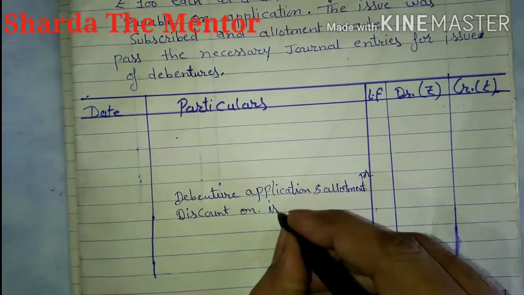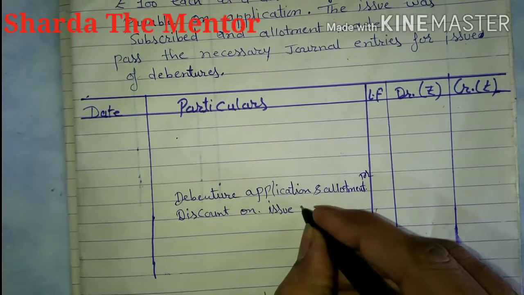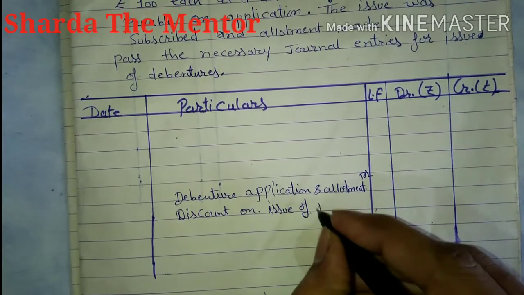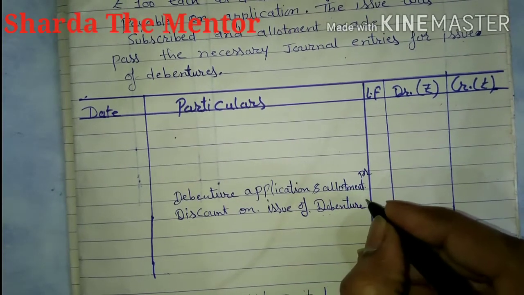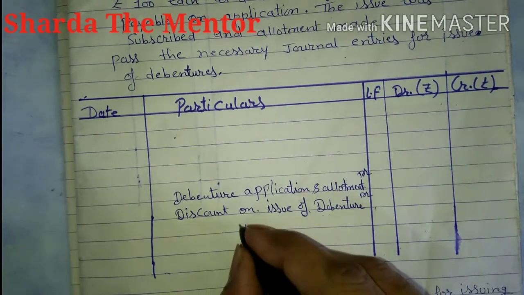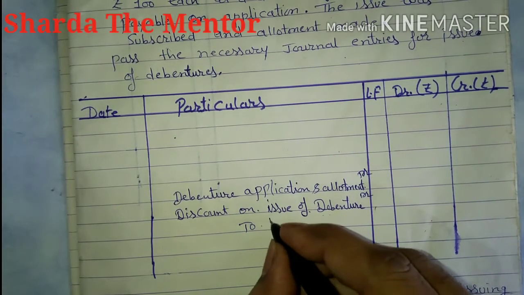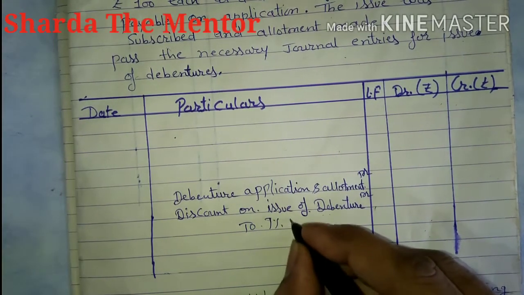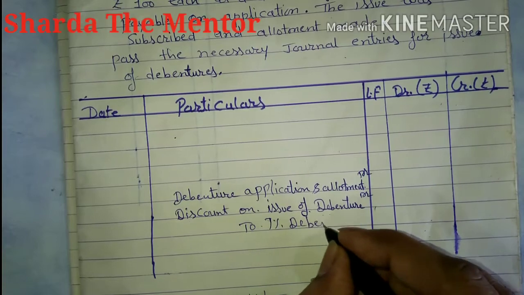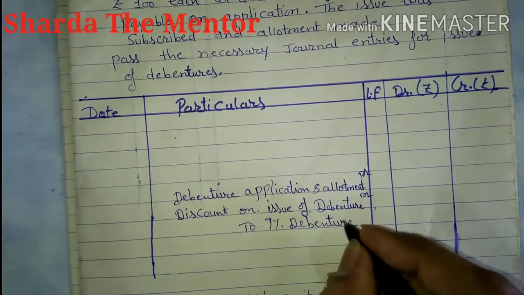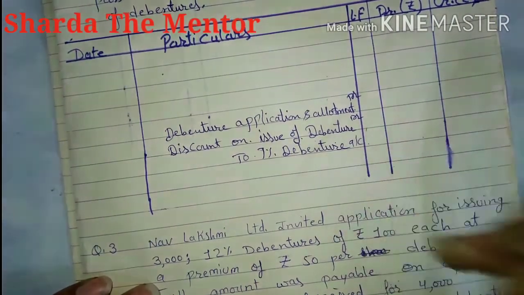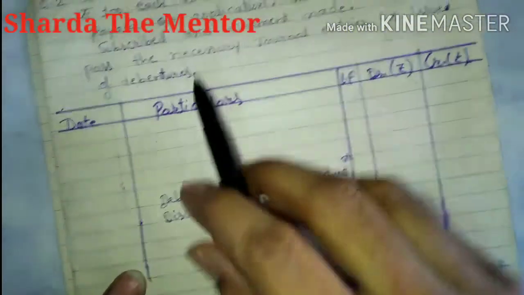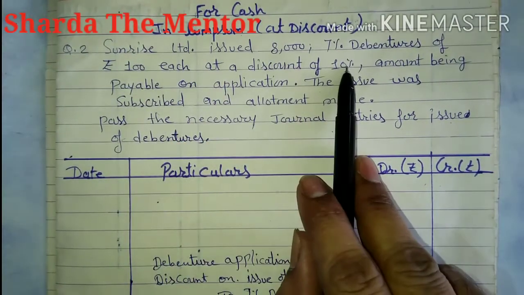So discount on issue of debenture, debit to 7% debenture, because in the question it is given that the debenture rate is 7%. So 7% debenture account. Now the value given in the question is 100, and 10 rupees is the discount.